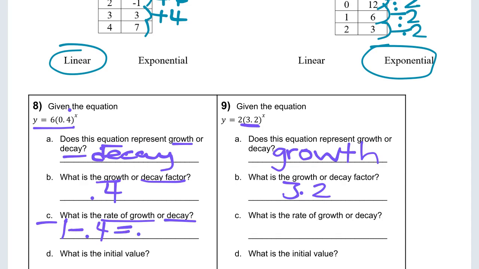Hence, the rate would be 0.6, since the decay rate is 60%.